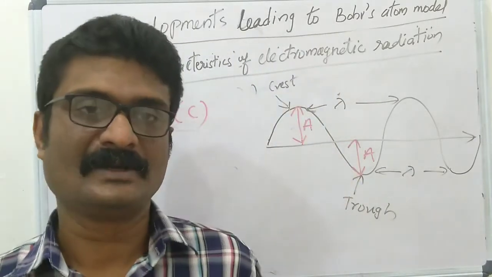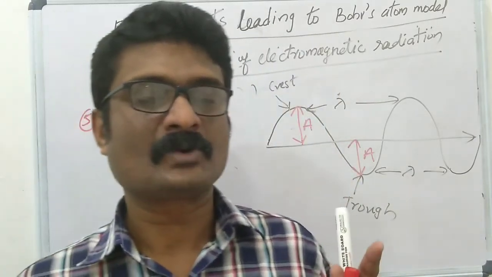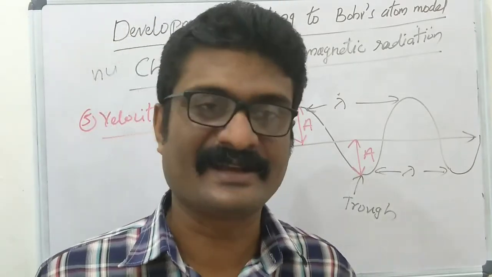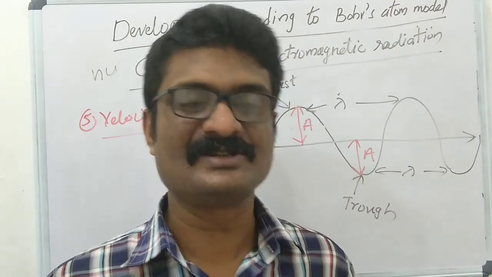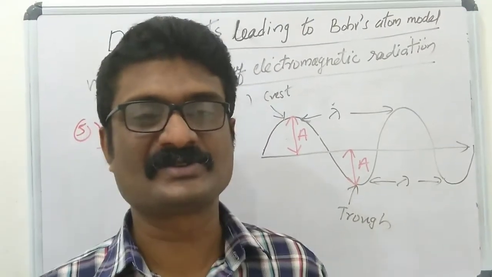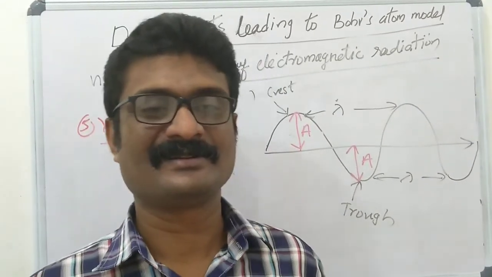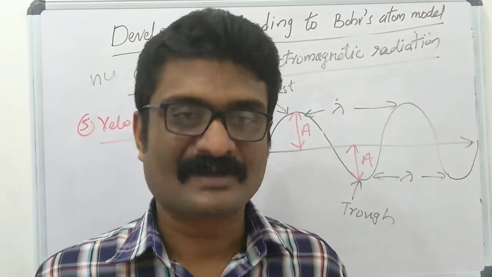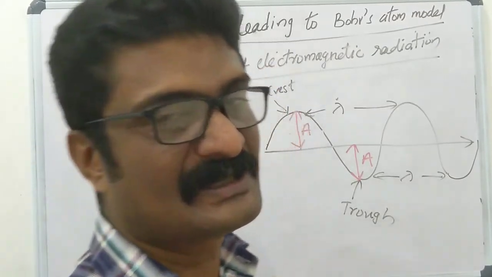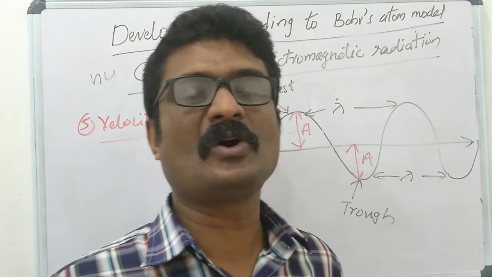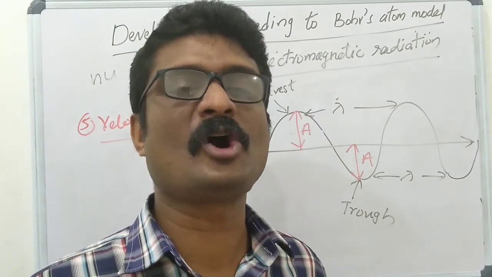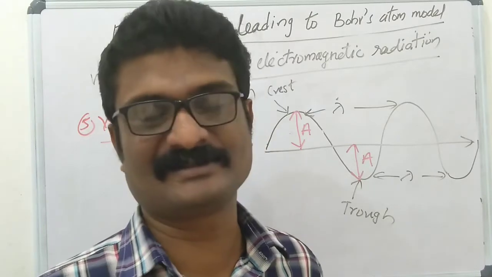Then cosmic rays, gamma rays, X-rays, ultraviolet, visible light, infrared, microwaves, radio waves are electromagnetic radiations. Then we can arrange these electromagnetic radiations in the increasing order of the wavelength.